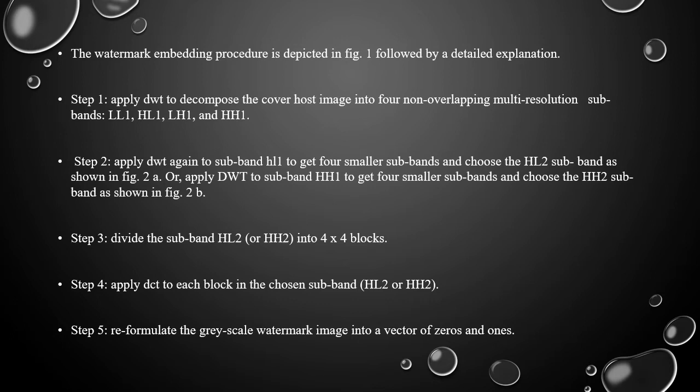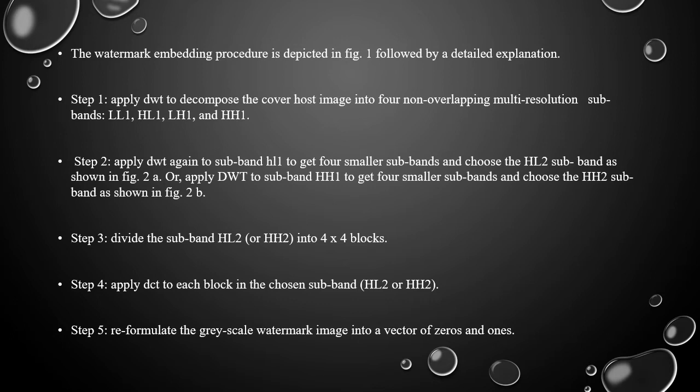This is the steps of the DWT DCT algorithm. Step 1. Apply DWT to decompose the cover host image into 4 non-overlapping multi-resolution subbands. That is, our image is divided into 4 multi-resolution subbands.